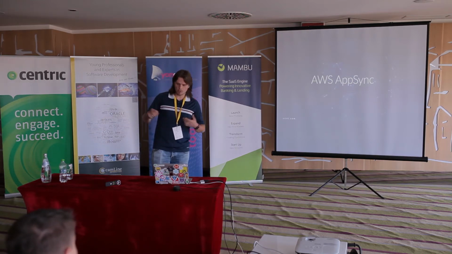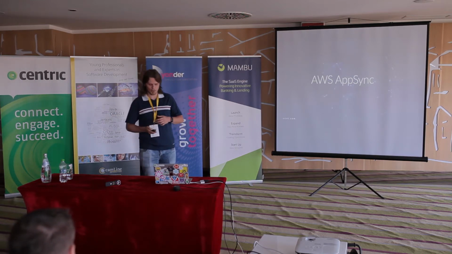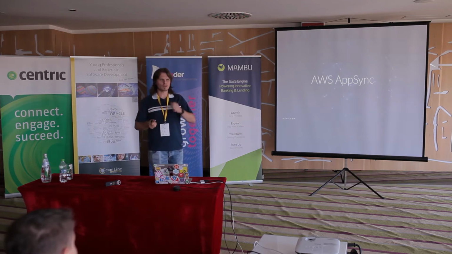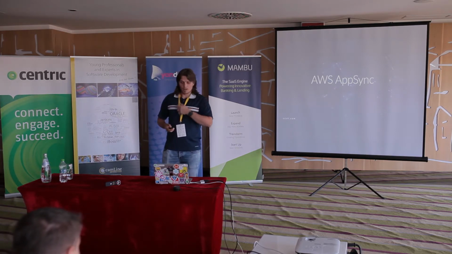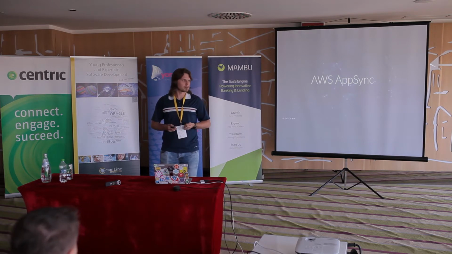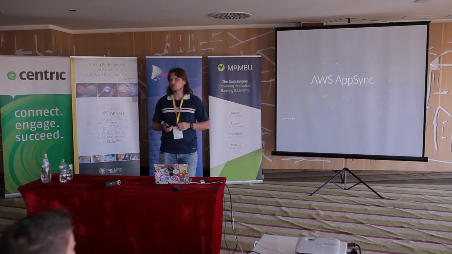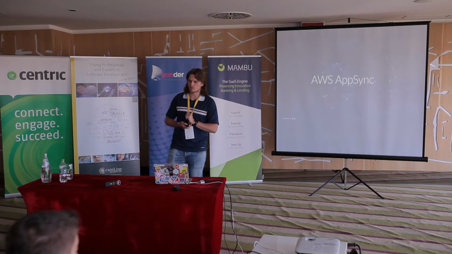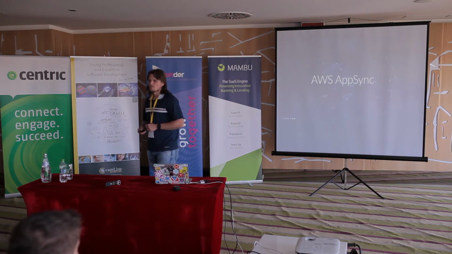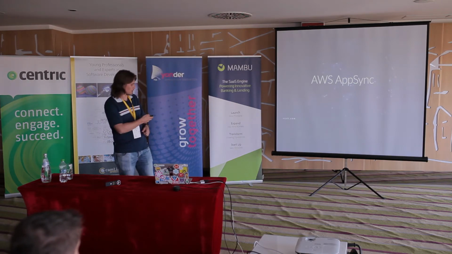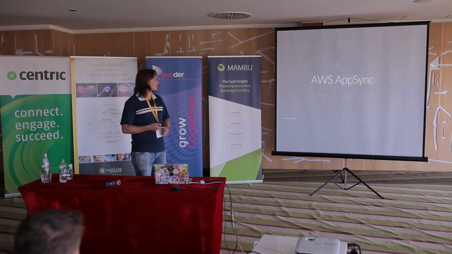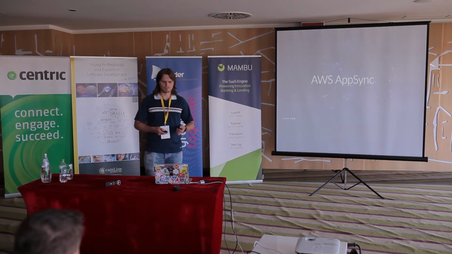Well, it's usually good to have DevOps in the company, but there's one service that was opened up, I think several months ago, not so long ago, maybe half a year. It's an AWS service, as you can understand by the prefix. It's called AWS AppSync.